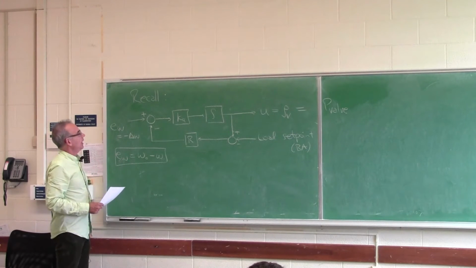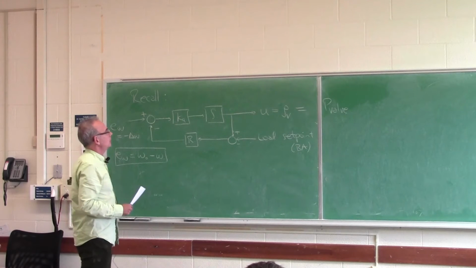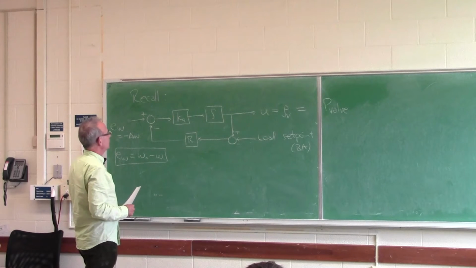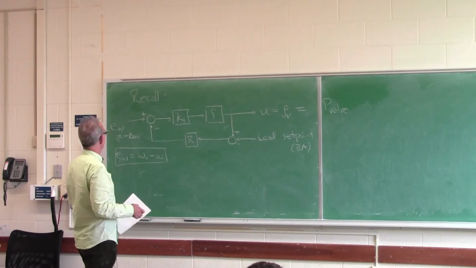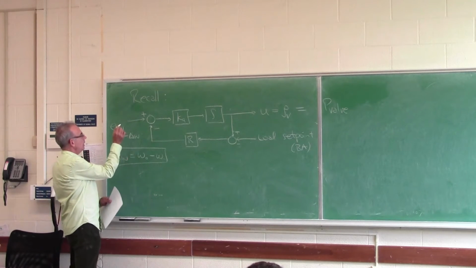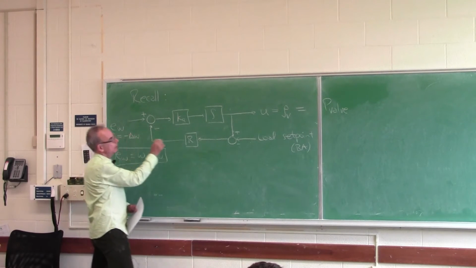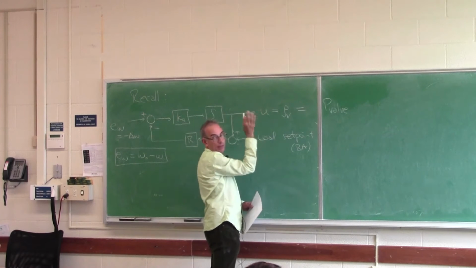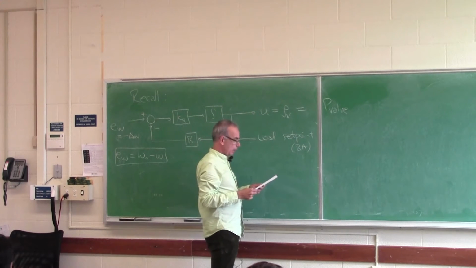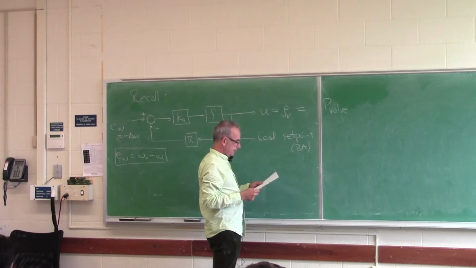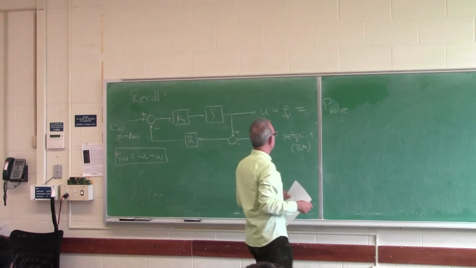All right, and so this is what we get for the transfer function from an error signal to the input, which is again this valve angle. And then there are dynamics.